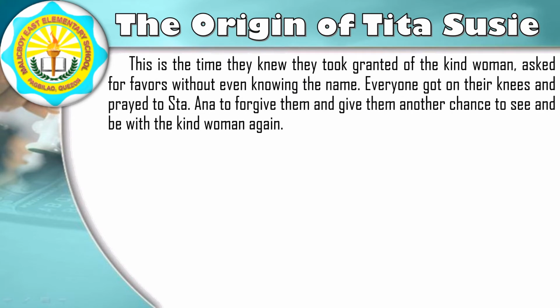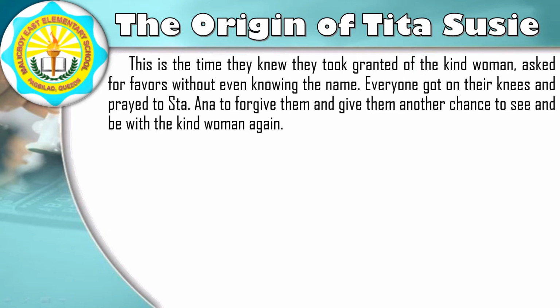This is the time they knew they took the woman for granted, asked for favors without even knowing the name. Everyone got on their knees and prayed to Santa Ana to forgive them and give them another chance to see and be with the kind woman again.